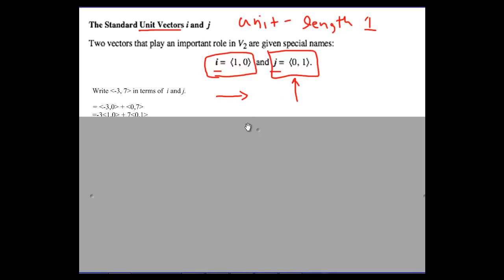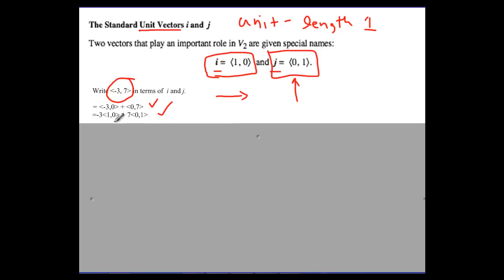And what i and j allow us to do is take any vector and write it in terms of i and j. So what we can do is take this negative 3 comma 7 and split it up into its x and y components. So we could think of it as the sum of negative 3 comma 0 plus 0 comma 7. Here what we're doing is scalar multiplication, so we could think of negative 3 comma 0 as negative 3 times 1 comma 0, and 0 comma 7 as 7 times 0 comma 1.